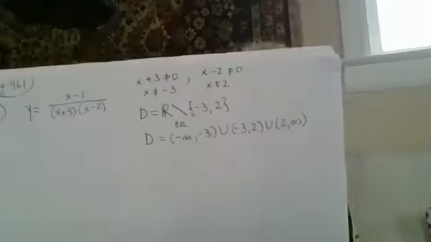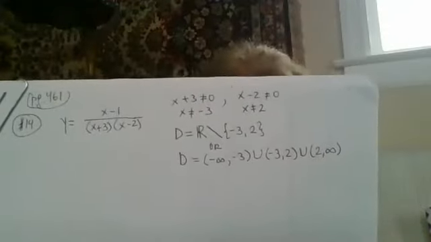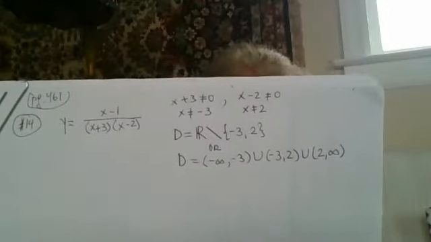I like set notation a lot, but you can write this in interval notation: from negative infinity to -3, united with -3 to 2, united with 2 to positive infinity. It is more detailed, but much longer. I like the first one better, but if you like the second one better, it is perfectly legal.